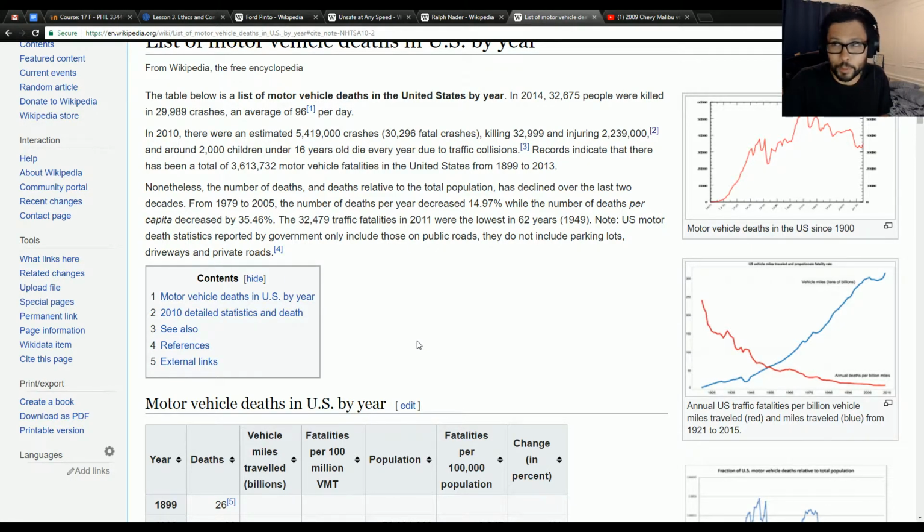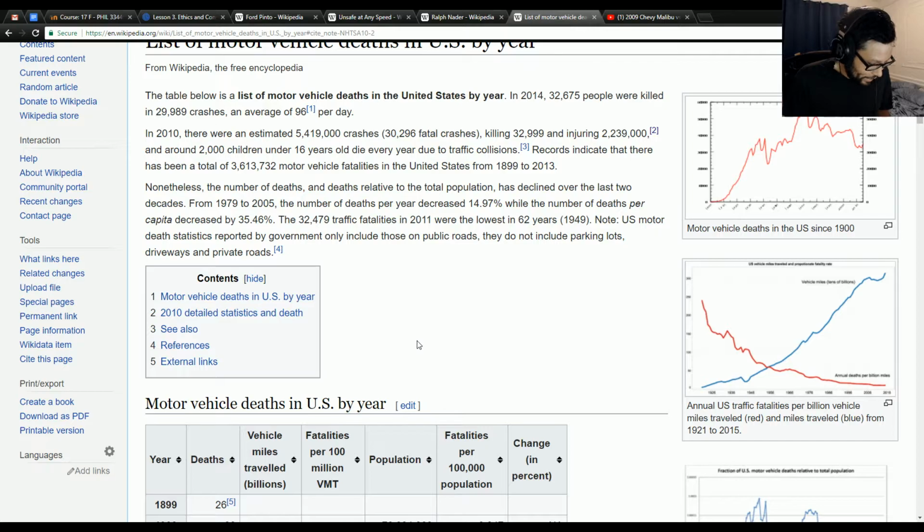The town I grew up in was 25,000 people, so that's 10,000 more than my entire town, just wiped off the map every year from car accidents. That's a lot of people.